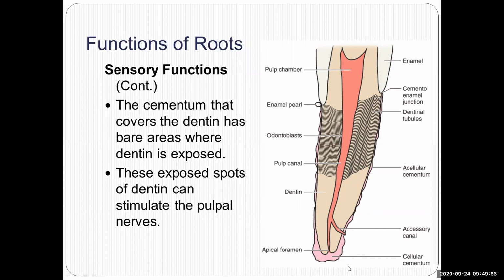This has two root canals on it. You've got your main root canal coming to a foramen, which is a hole, where everything enters and exits. And then this one has an accessory canal or a lateral canal. So if a tooth is having a root canal, for example, and the dentist is only filling this one and doesn't see that there's this accessory canal, that oftentimes is one of the main reasons why root canals fail.